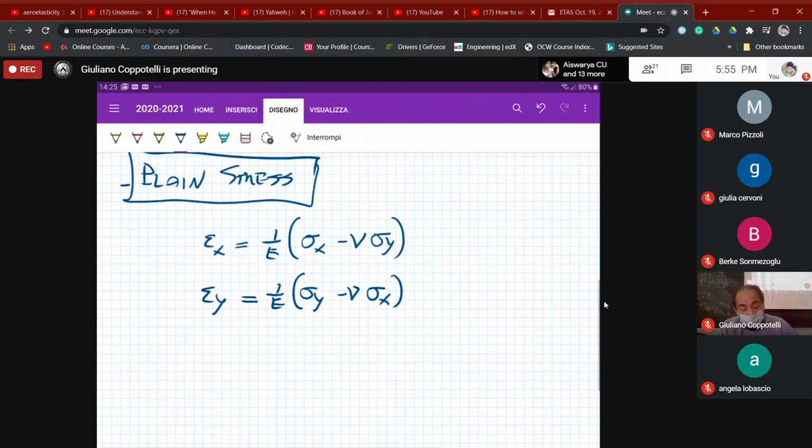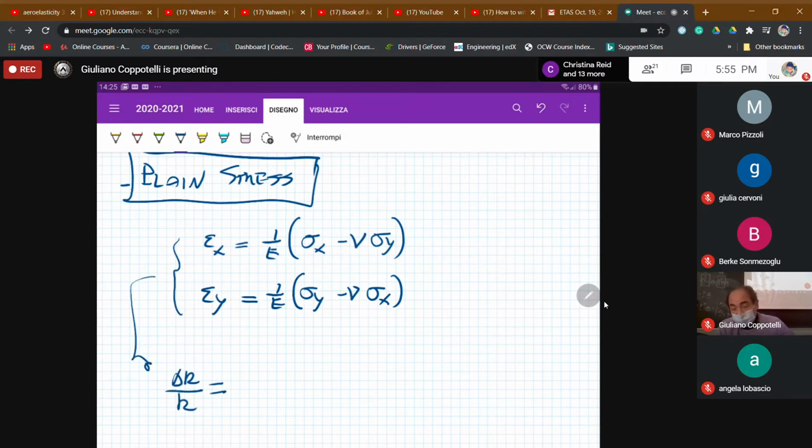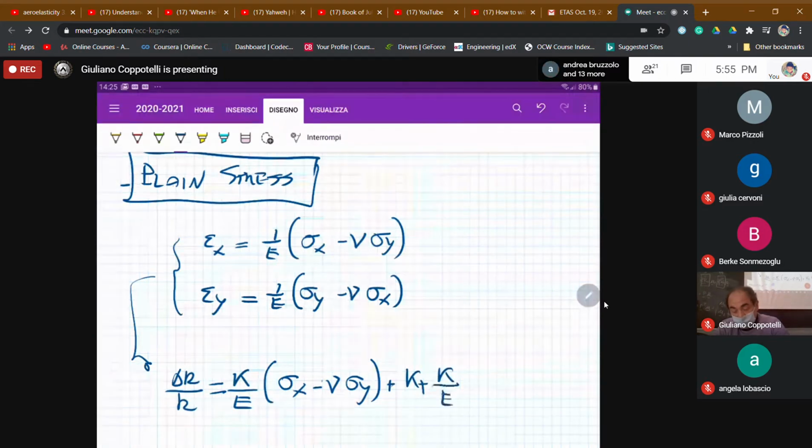what we can say is that the relative change of resistance is given by K over E times (sigma x minus nu sigma y) plus KT K over E times (sigma y minus nu sigma x).